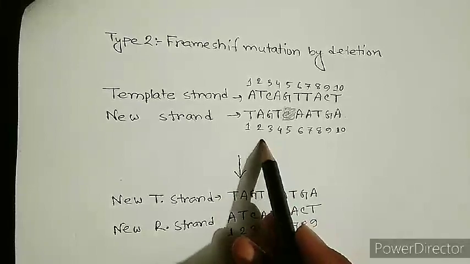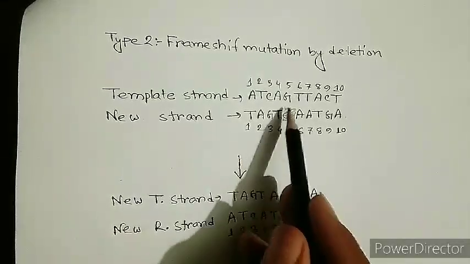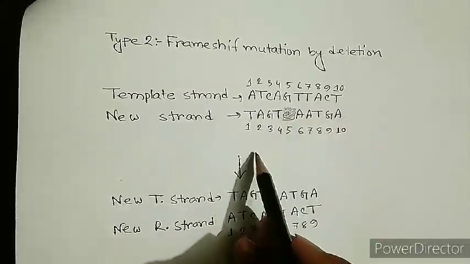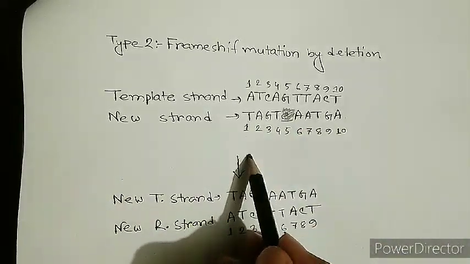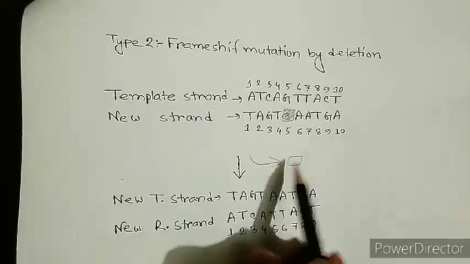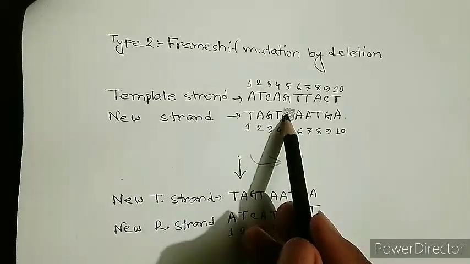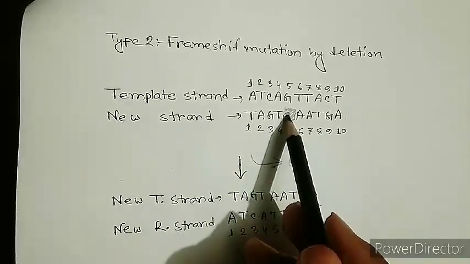But when this goes into replication, this intercalating agent doesn't stick to the DNA sequence and gets rid of here. So the C has been replaced, but nothing has taken its place.